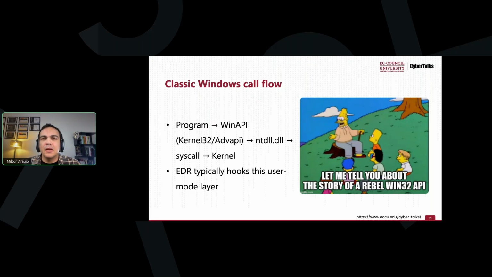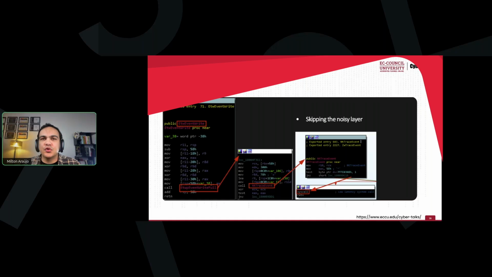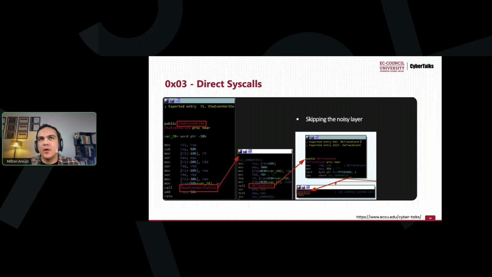Okay, and this introduces direct syscalls. I'm trying to show the difference between direct and indirect syscalls. Right now this can appear a little boring, but wait, we have a lab after that, and I will show how to exploit it. The idea is to skip the noisy user mode layer where most hooks live.